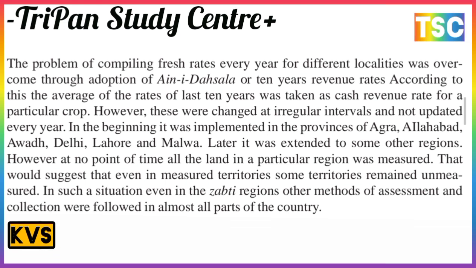However, at no point of time was all the land in a particular region measured. That suggests that even in the measured territory, some territories remained unmeasured. In such a situation, even in the Jabti regions, other methods of assessment and collection were followed in almost all parts of the country.